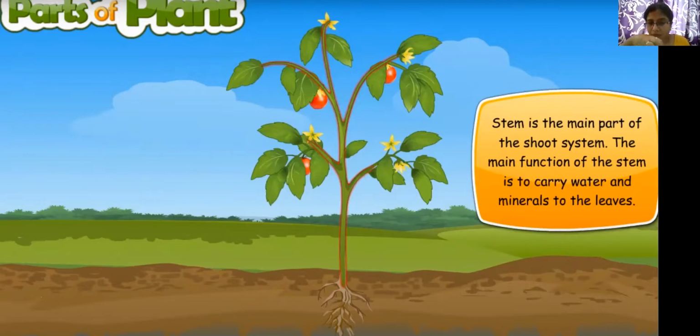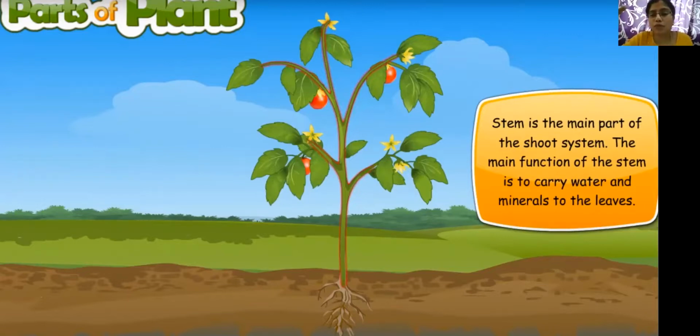From the stem, the water flows to each and every leaf of the plant. Then when the flowers come, they also need water. So the stem carries the water to the flowers also.